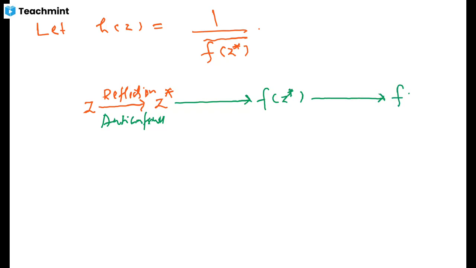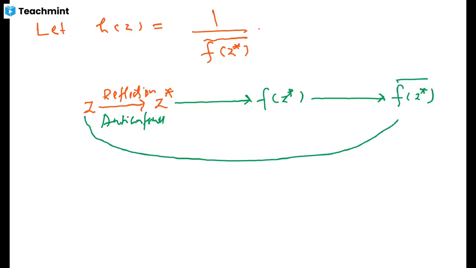So you see this function, defined from z to here, is a composition of three maps. The second map, which takes f of z star to its conjugate, is also an anti-conformal map.